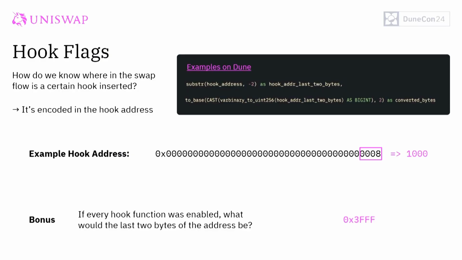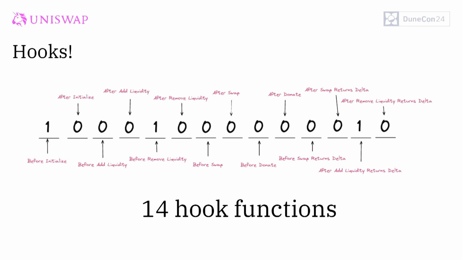So this, I think, is a really cool feature in V4 because essentially we encode this data within the address of the hook itself. So the last 2 bytes of a hook address will always tell you what flags the hook is actually built with. So if we go back one slide, now this makes a lot more sense.